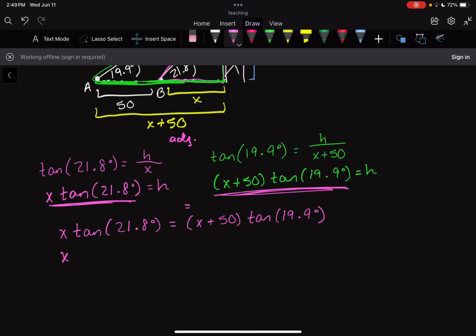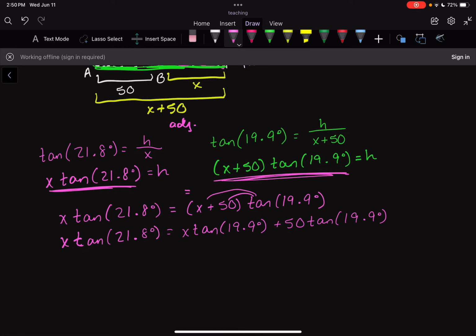So I'm going to solve this for x. So I get x tangent 21.8 degrees. To solve this side, I really need this x out of the parentheses. So to do that, I'm going to distribute. So I get x tangent 19.9 degrees plus 50 tangent 19.9 degrees. Now, just like with a normal equation, we want to get our variable that we're looking for on one side. So I'm going to get my x's on the same side to do that.